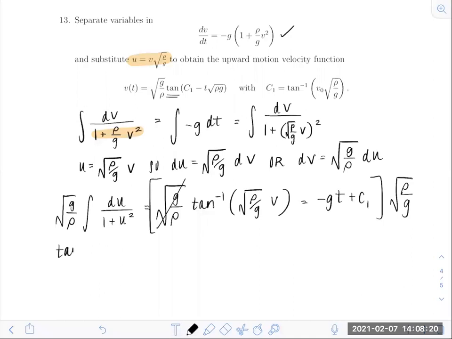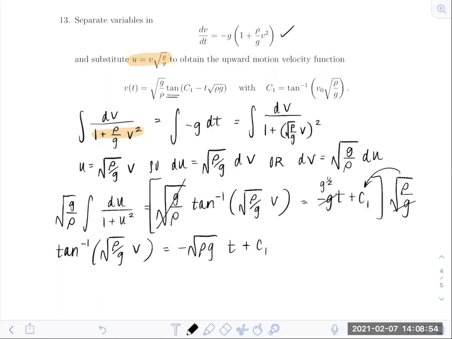We'll have tangent inverse of the square root of rho over g, v, equals, we have a square root of g on bottom. That makes that a g to the 1/2 on top. So I have a negative square root of rho g t plus c1, where here I'm absorbing that constant square root of rho over g into that c1 constant of integration.